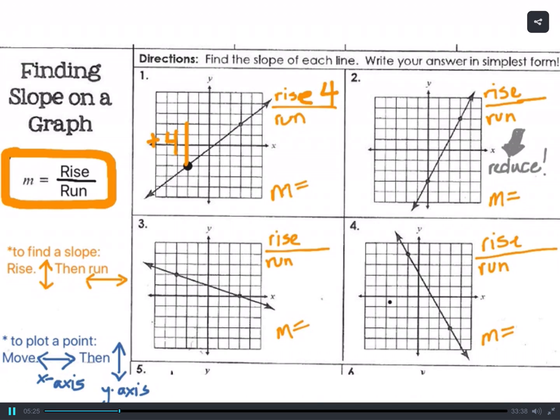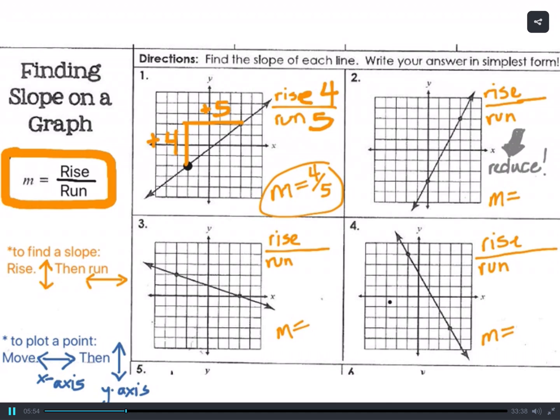Then I'm going to go to the right 5. So when I move to the right, it's a 5. Okay. And then finally, what I want to do is, if possible, reduce my fraction. 4/5 does not reduce, so I just keep my slope as 4/5. And that's it.